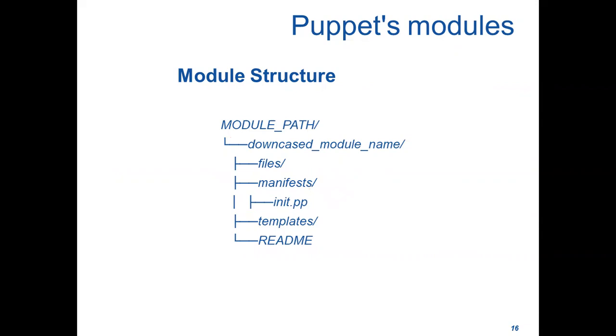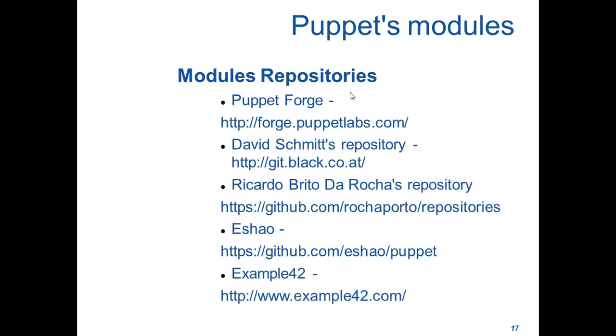In Chef, we have Supermarket. Similarly, here we also have, not Supermarket, but Puppet Forge. So what is this? A public repository where you will find a bunch of ready-made modules. So you don't need to develop the modules from scratch. Do we have any other repository? Yes.